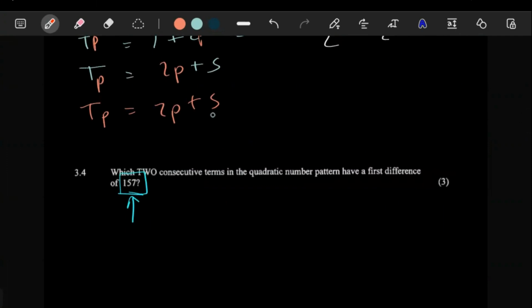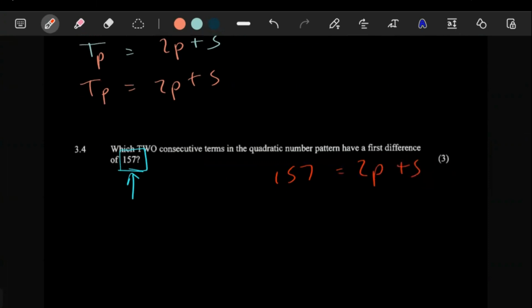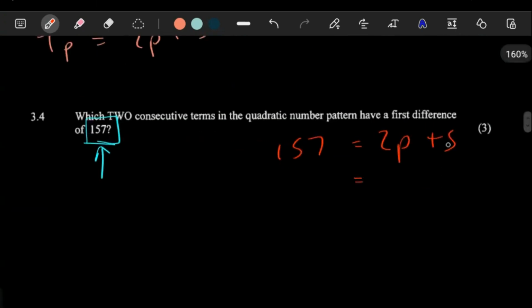In our sequence of first differences, let's put 157 over there. Let's find out what position that is in. So here minus 5, that's 152. Divide both sides by 2. 152 divided by 2 is going to give us 76.